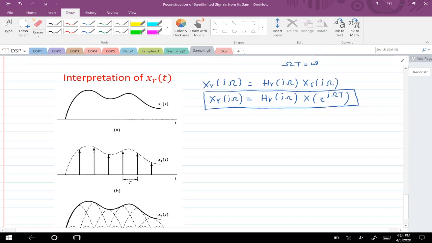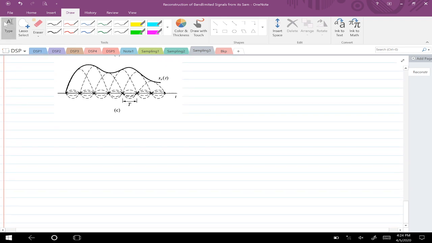With that, we are done with the theory for some time, and let's work out an example now.